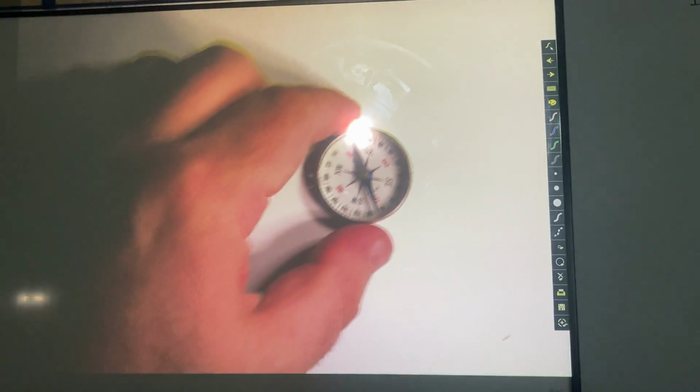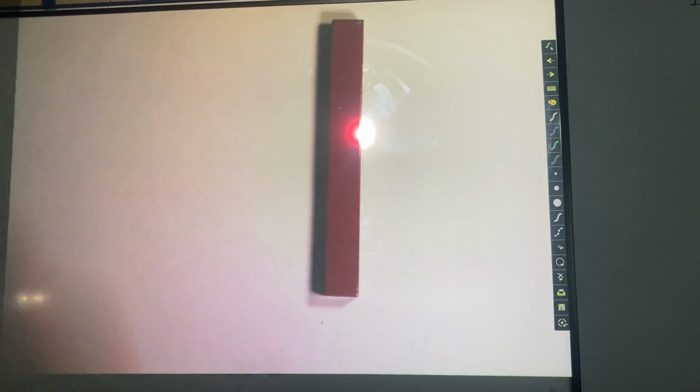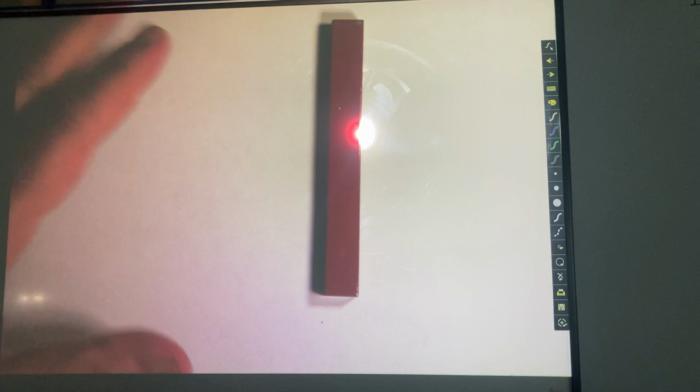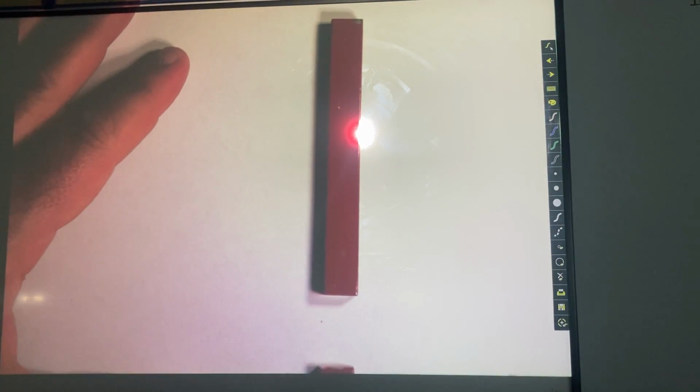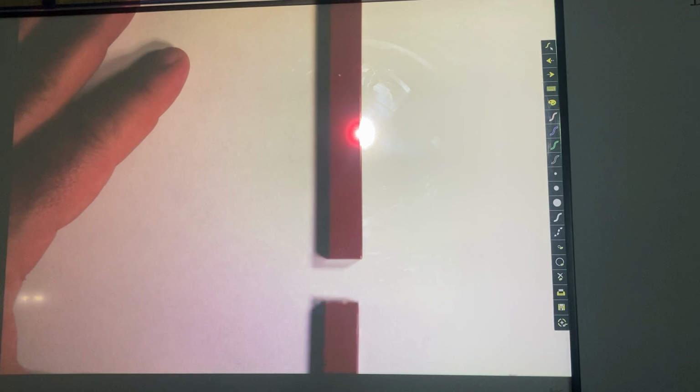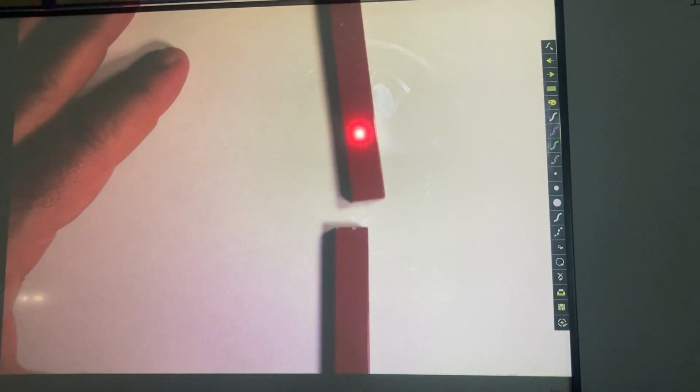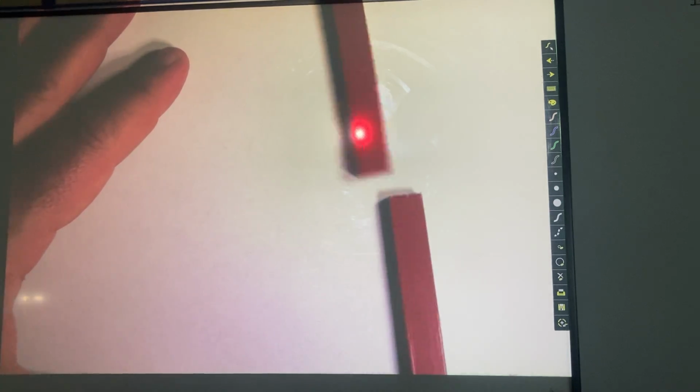Now, how does that work? Well, the Earth is a lot like a bar magnet. A bar magnet has a north end and a south end. The significance of the north end and the south end is that if I take another bar magnet and try to put two north ends together, the two magnets repel each other.